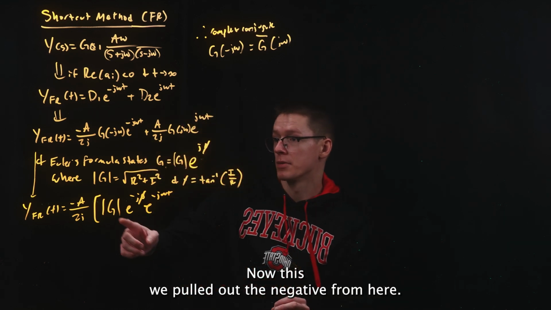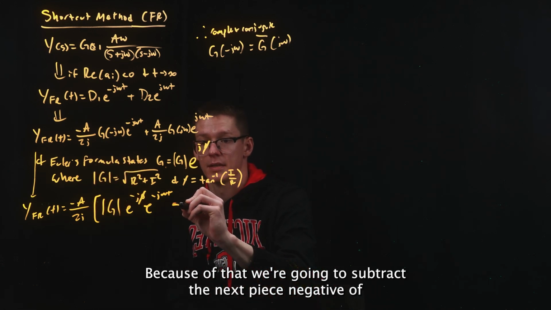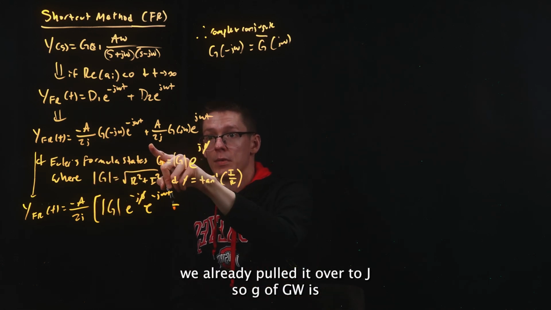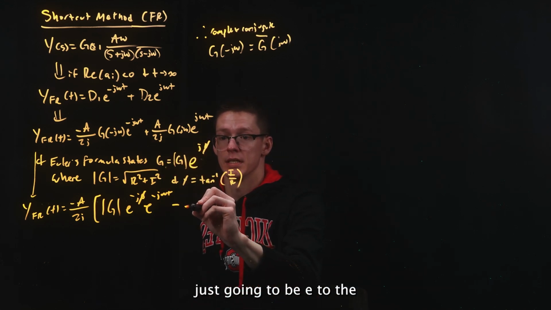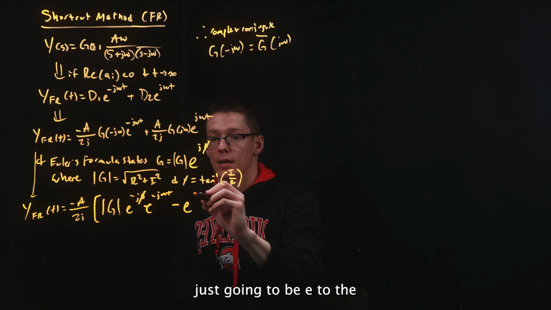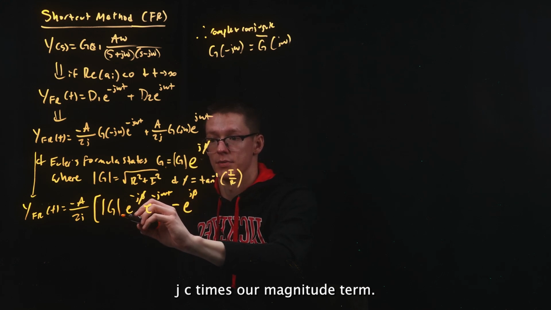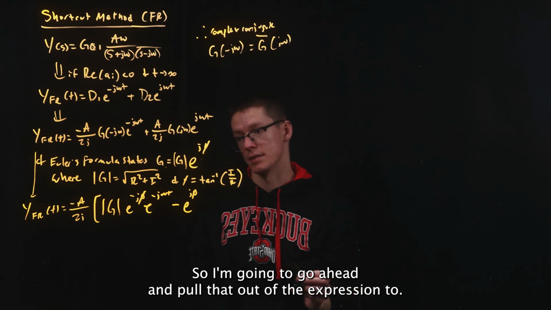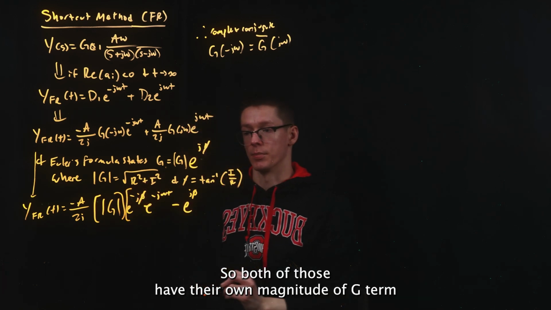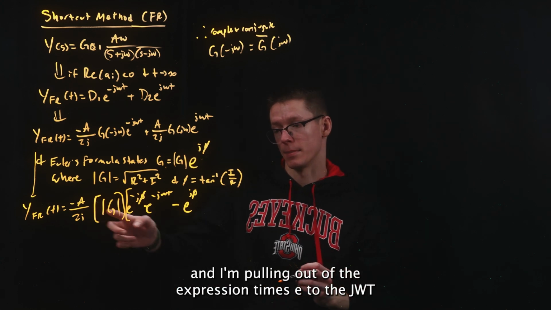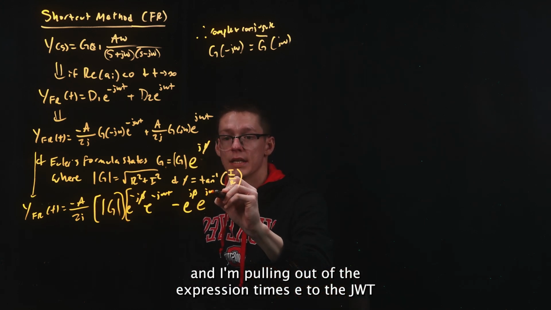Now, we pulled out the negative from here. Because of that, we're going to subtract the next piece. Negative of, we already pulled out the a over 2j, so g of jw is just going to be e to the j phi times our magnitude term. I'm going to go ahead and pull that out of the expression too. Both of those have their own magnitude of g term that I'm pulling out of the expression, times e to the jwt.